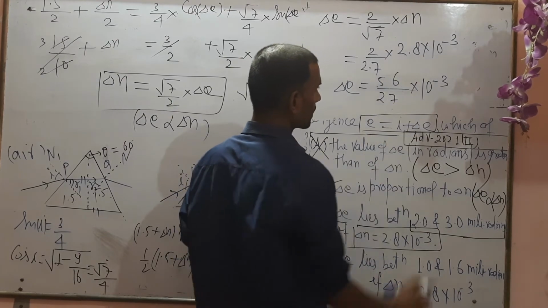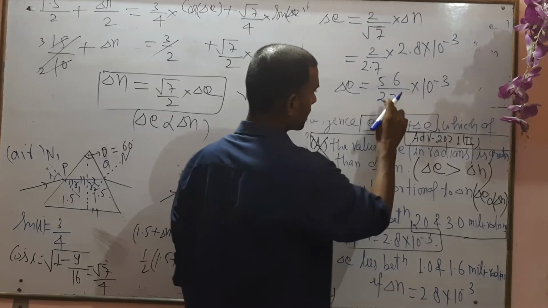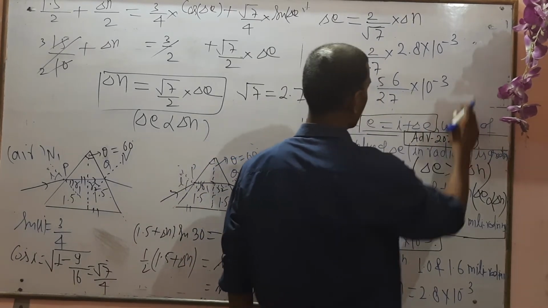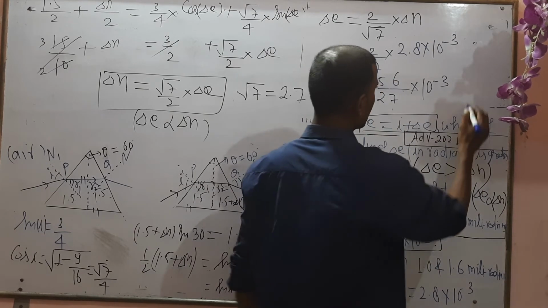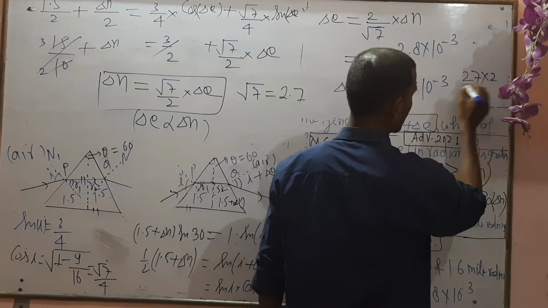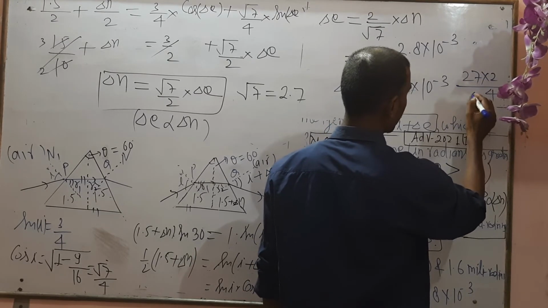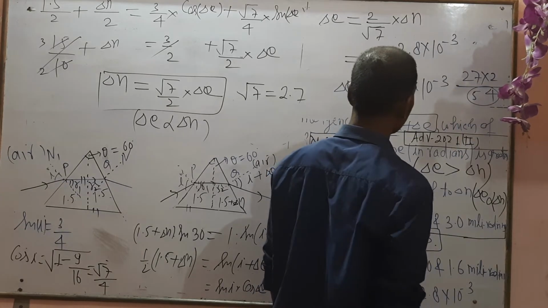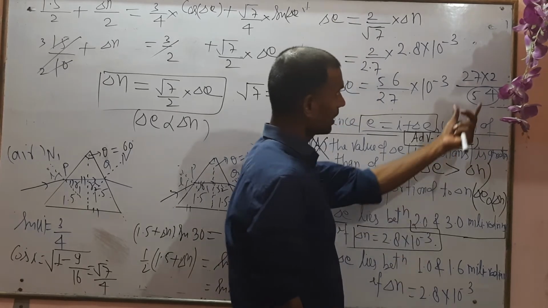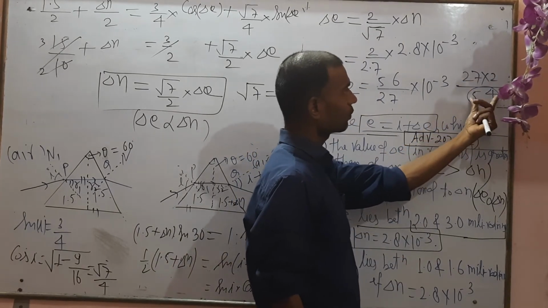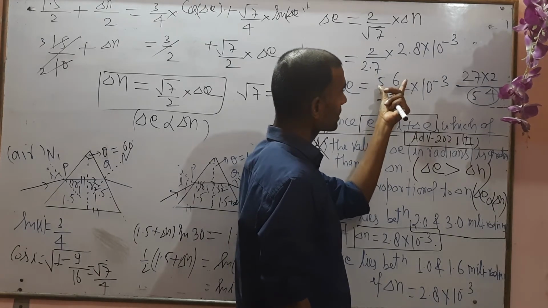Ignoring the decimal point, divide 56 by 27. Let us suppose 27 into 2 is 54, but this value is 56. This implies that it is slightly greater than 2.